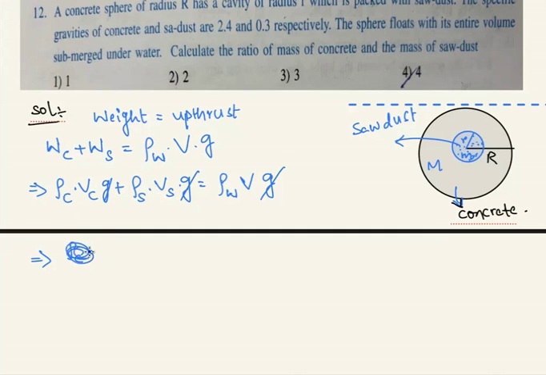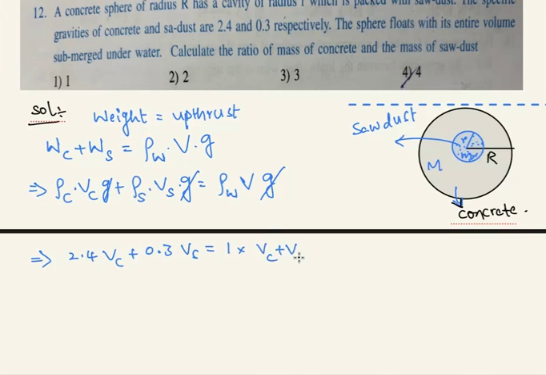Okay, so let me write that. Concrete kada, 2.4 into Vc plus 0.3 into Vs is equal to density of water, which is 1, into total volume. What is the total volume here?